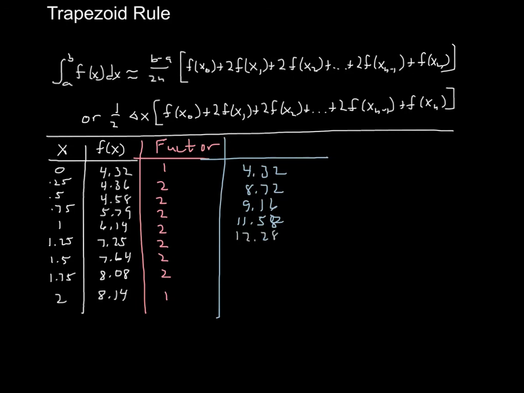Then 2 times 7.25 will be 14.50. 2 times 7.64 is going to be 15.28. 2 times 8.08 is going to be 16.16. And then I have the 8.14.